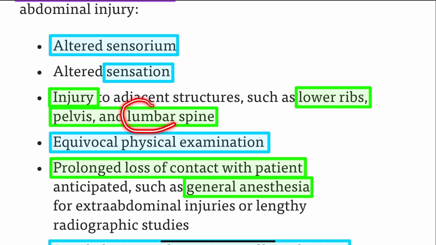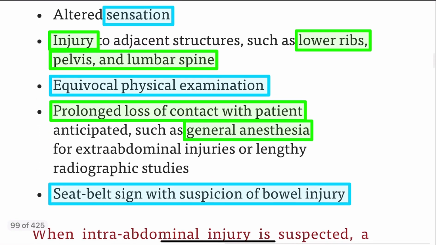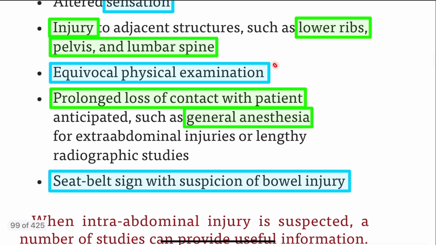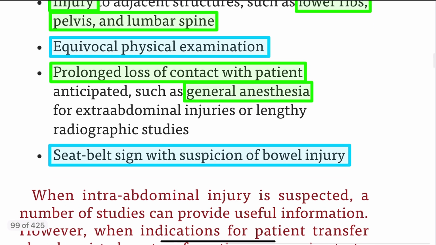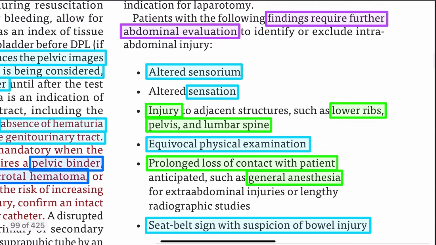Remember this, lumbar spine. Then equivocal physical examination, and prolonged loss of contact with the patient, like the patient going for GA or any lengthy radiological studies, or seat belt sign present with suspicion of bowel injury. In all these cases, you should do abdominal evaluation.